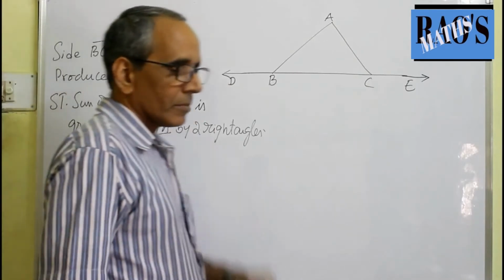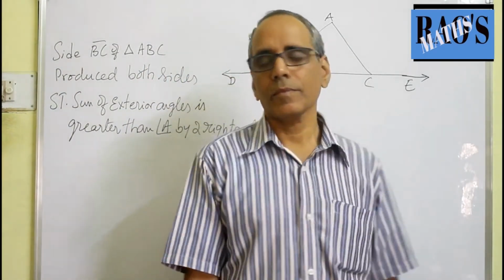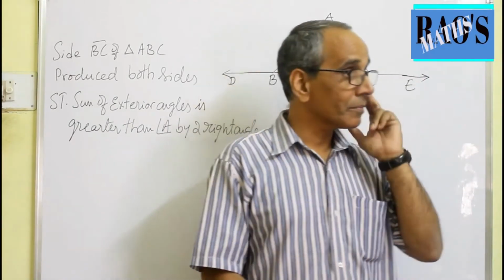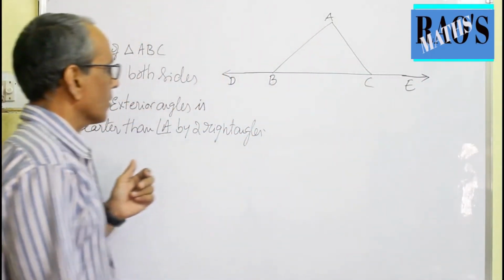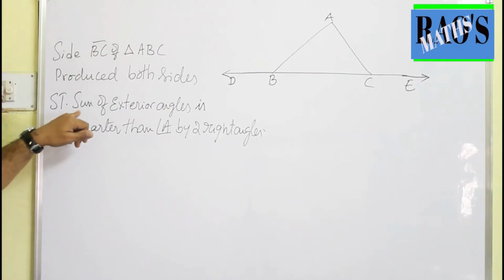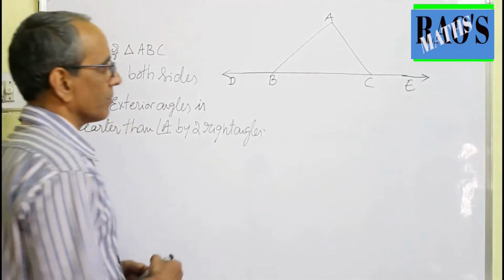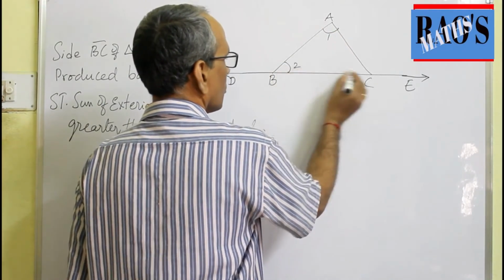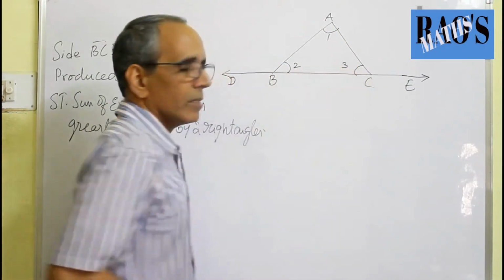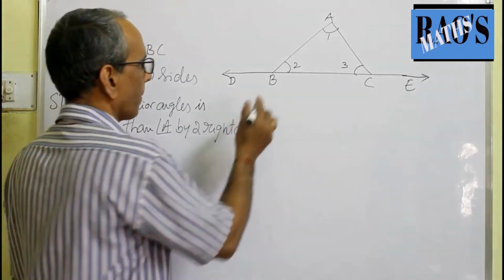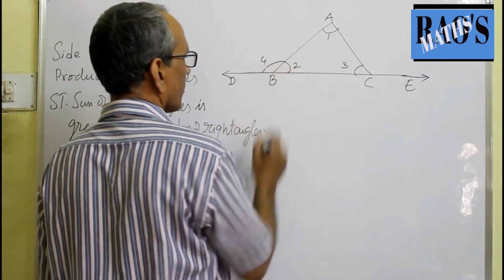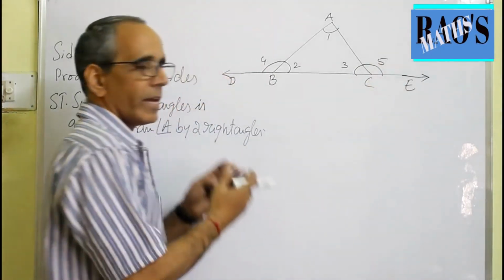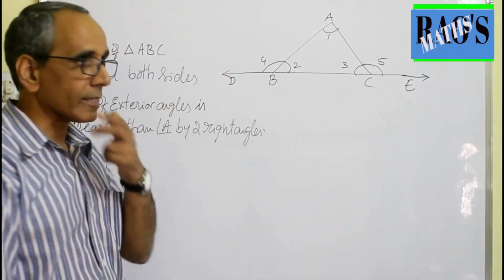In this question, in triangle ABC, the side BC is produced on both sides to D and E. The question is about the sum of the exterior angles. What are the exterior angles? Let me mark all the angles by numbers. 1, 2, 3 are the angles of the triangle. And 4 is one of the exterior angles. 5 is the other exterior angle formed by extending the base on both sides.